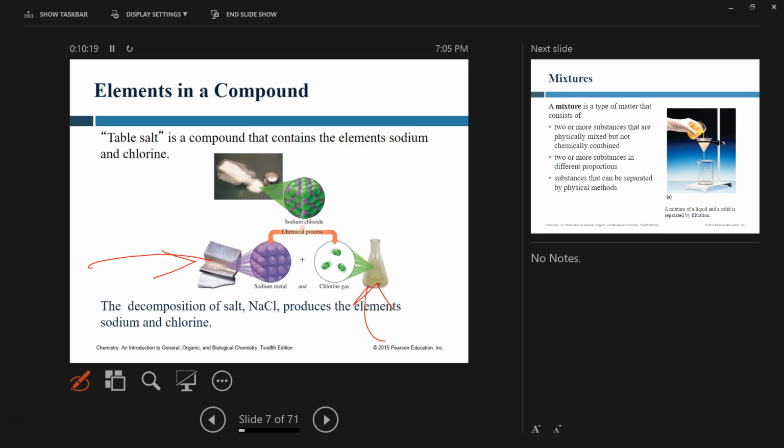Does that make sense? So you can take element sodium, you can take element chlorine, you can mix them, and they will produce a compound, sodium chloride. It doesn't work all the time.